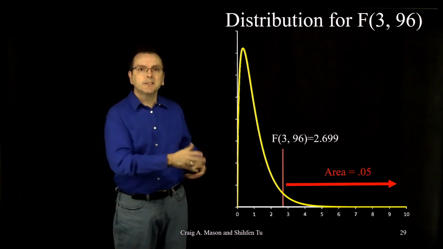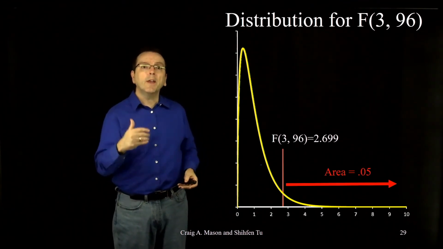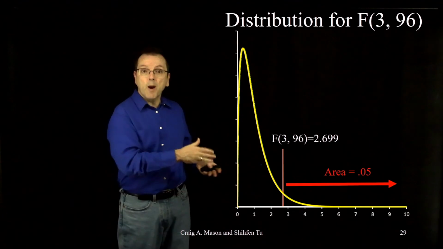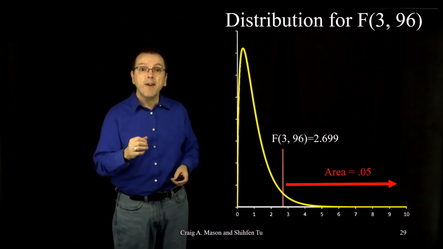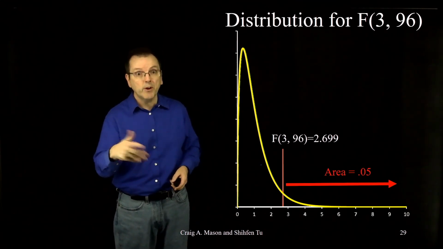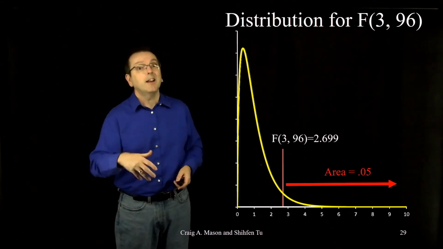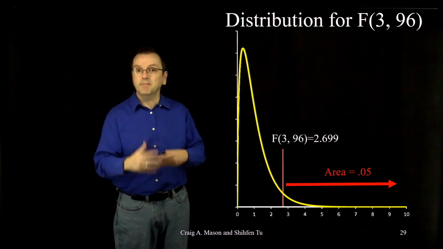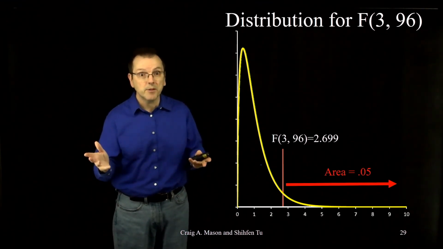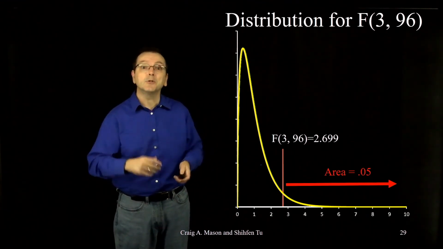In this case, without even looking it up, we know that if your F is greater than 2.699, your p-value will be less than 0.05 and you'll reject the null. If your F is less than 2.699, your p-value is going to be greater than 0.05 and you'll fail to reject the null, right?